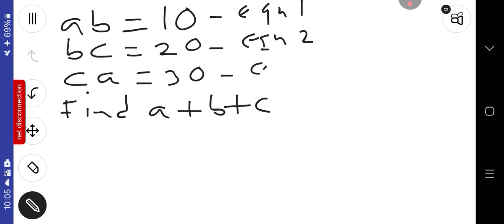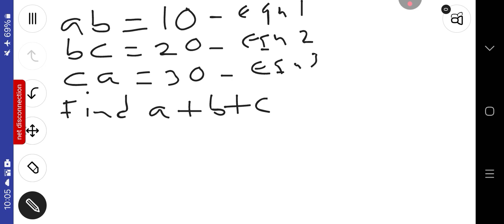Call this equation 3. Okay, now let's solve. Let's write this well. Equation 3. Okay, let's manage it like that.